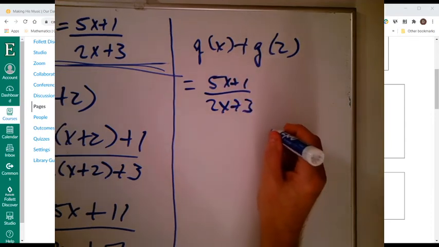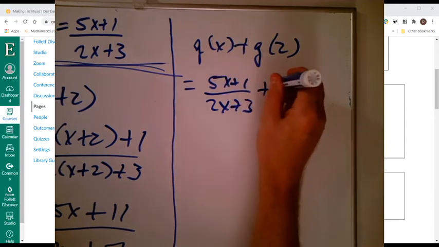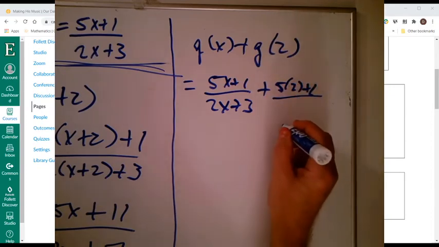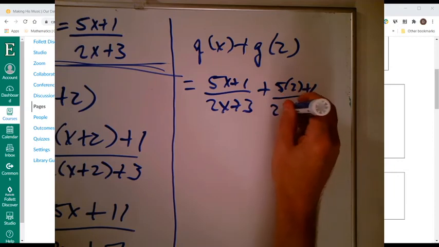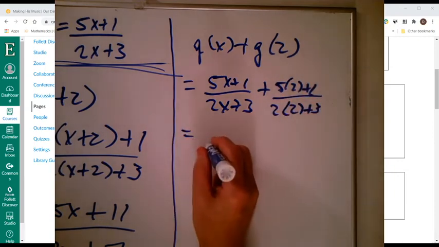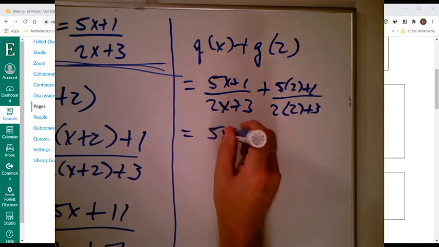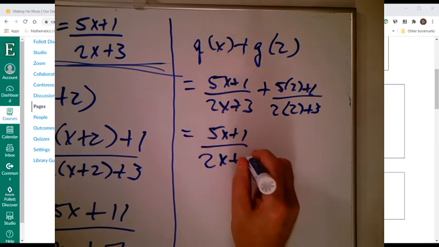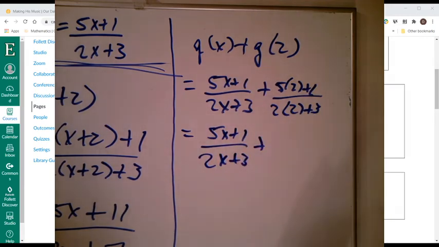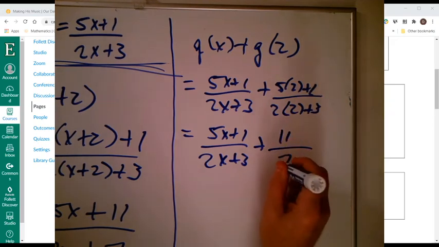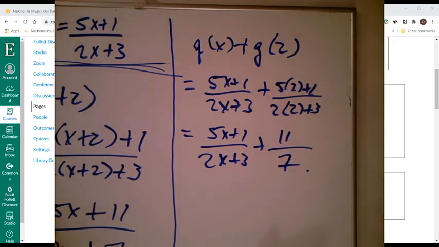G of 2 is going to be 5 times 2 plus 1 over 2 times 2 plus 3. We'll make that sound a little better in just a second. So this looks like 5x plus 1 over 2x plus 3 plus, that's going to be 11 on the top and 7 on the bottom, like that.